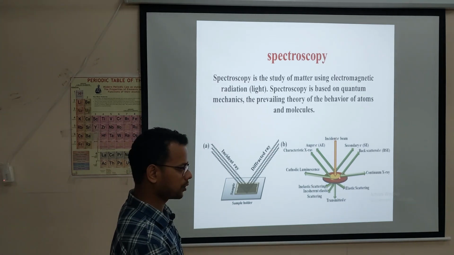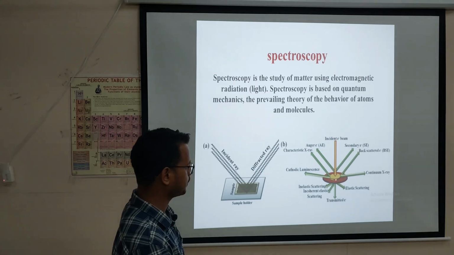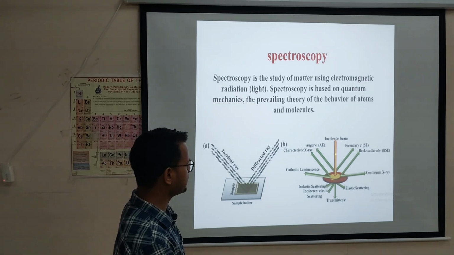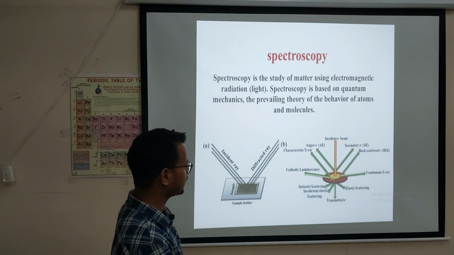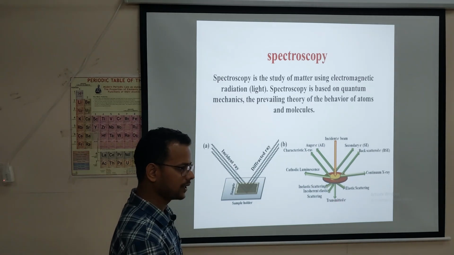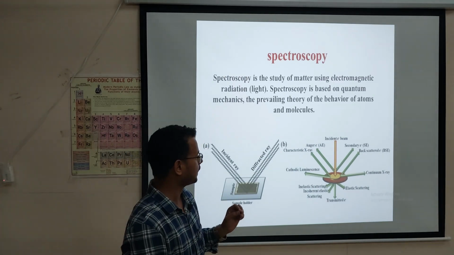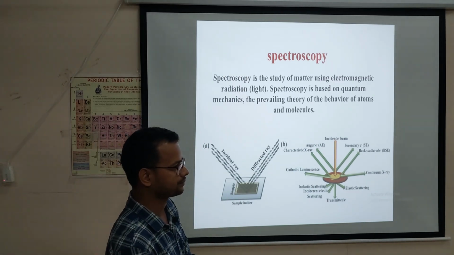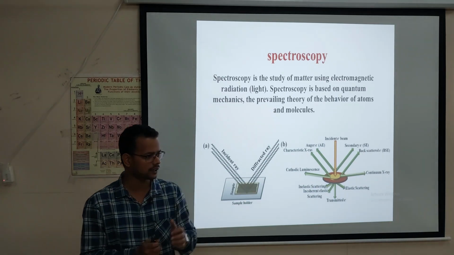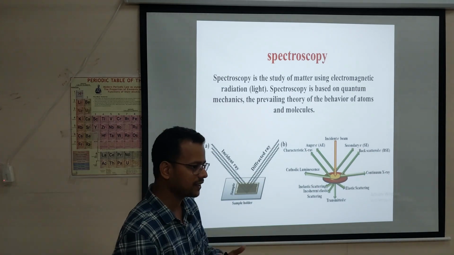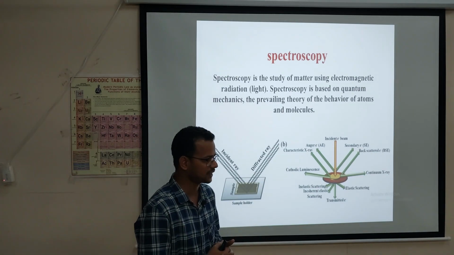Suppose it is another example. This is your sample holder and this yellow color is your sample, okay. This is the incident ray, right. Then what will occur? The light may be transmitted, reflected, refracted, okay. So, when light interacts with matter, it may be reflected, transmitted, refracted, or diffracted, right.